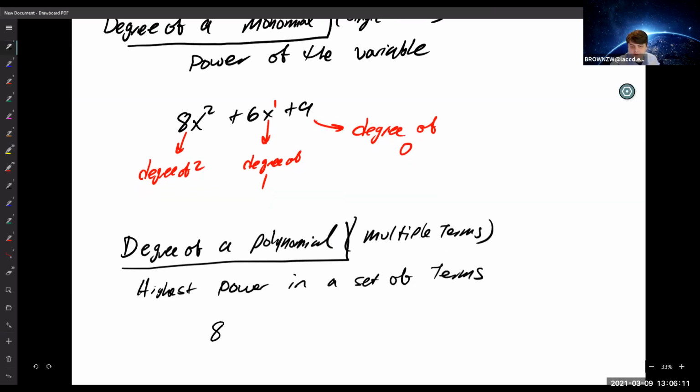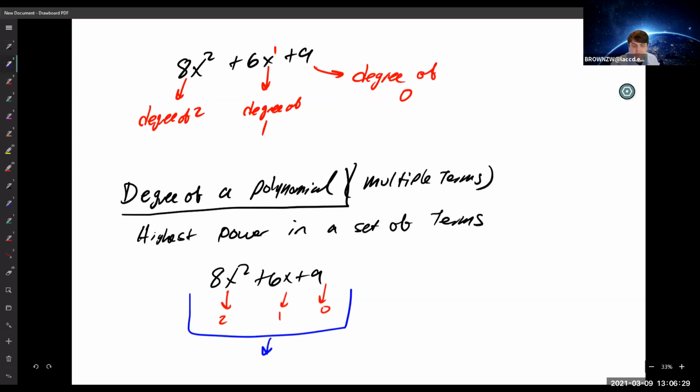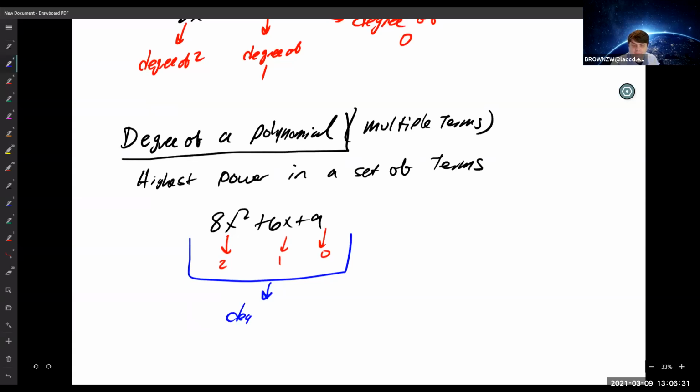So if we look at this exact same expression, 8x squared plus 6x plus 9, individually they have degrees of 2, 1, and 0, but the entire polynomial itself has a degree of 2.